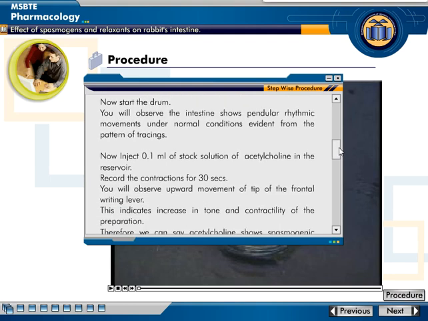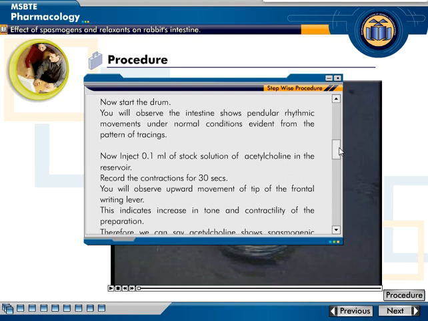Now start the drum. You will observe the intestine shows pendular rhythmic movements under normal conditions, evident from the pattern of tracings. After that, inject 0.1 ml stock solution of acetylcholine in the reservoir, that is in the organ tube, and record the contractions for 30 seconds.